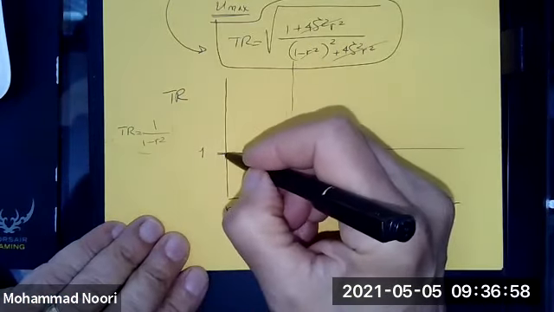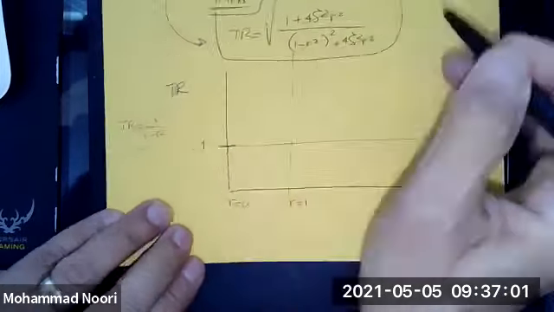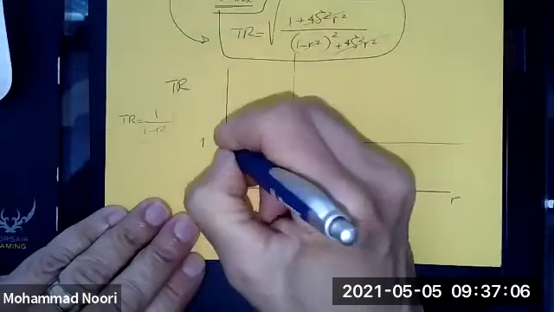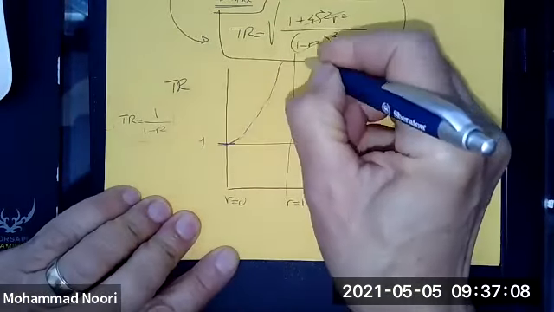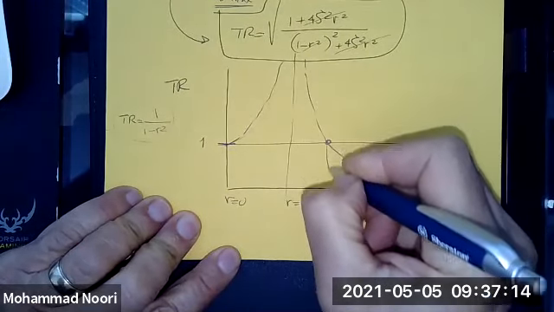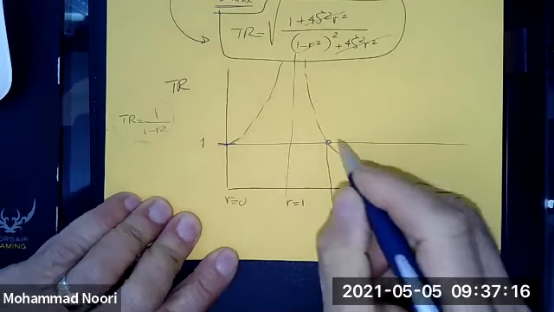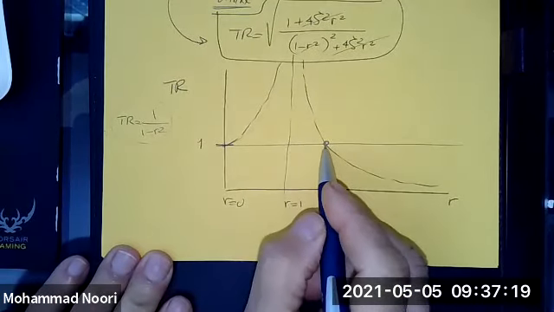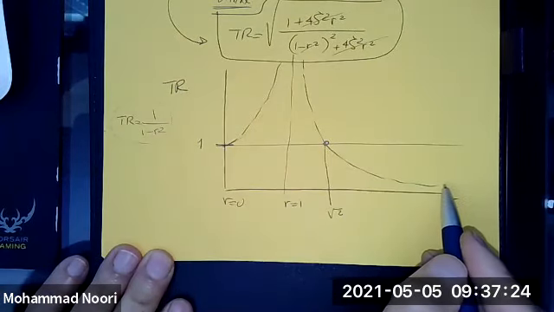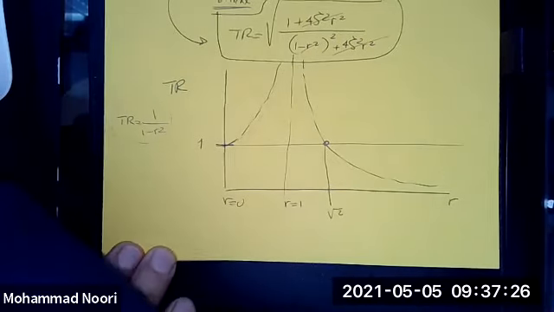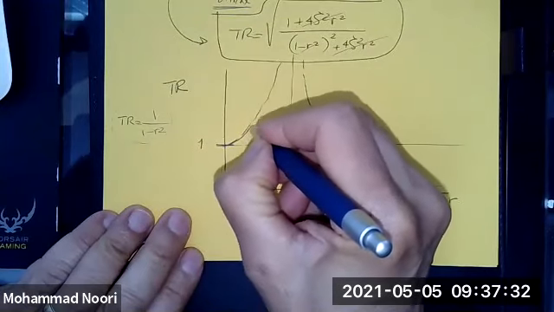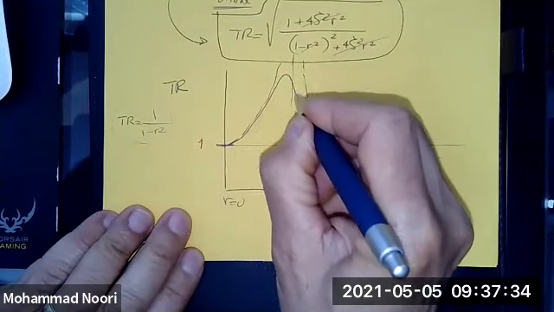So we know that as r increases, this goes to infinity, okay? And as r increases further, you make an observation that at r equal to square root of 2 it becomes 1 and then goes to 0, okay? Now, as you plot this function, you will see something interesting. All these curves look like this.